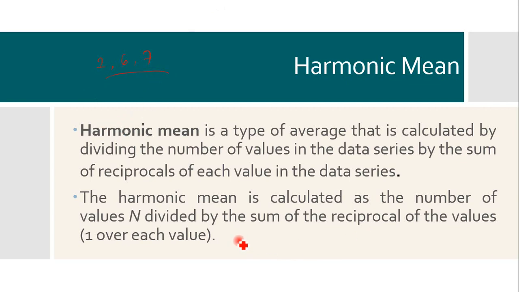So you have to change it into the reciprocal form, which will be written as: for 2, the reciprocal or the inverse is 1 over 2, and the 6 will be 1 over 6, and the 10 will be changed to 1 over 10. Okay, this is the harmonic mean.